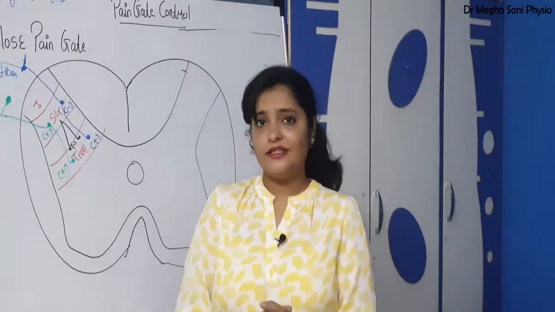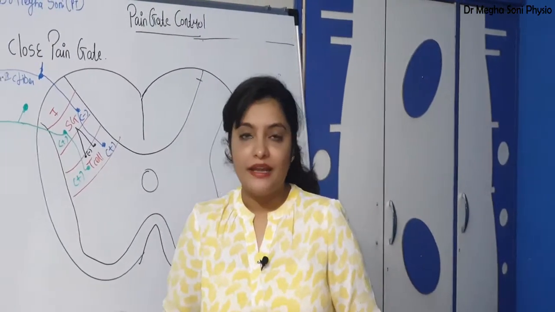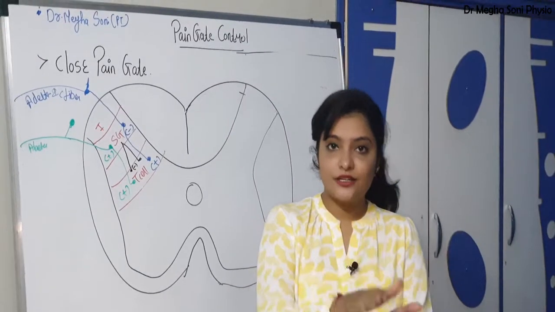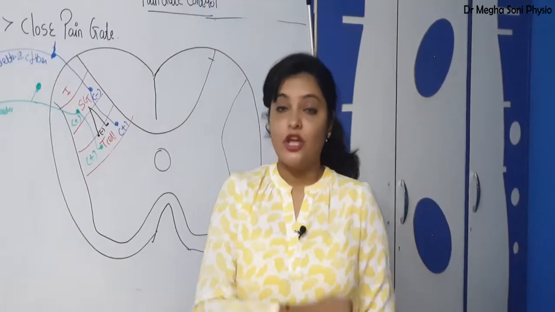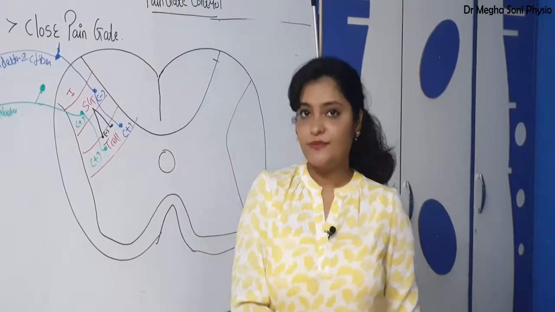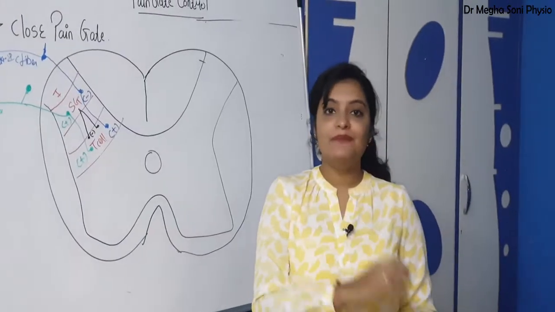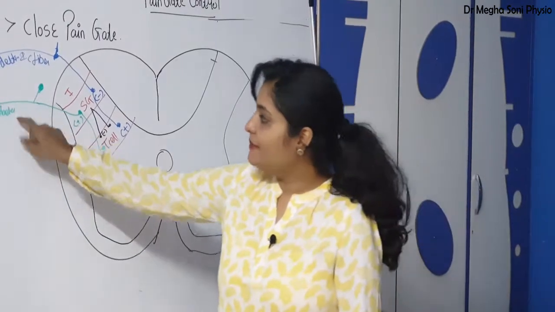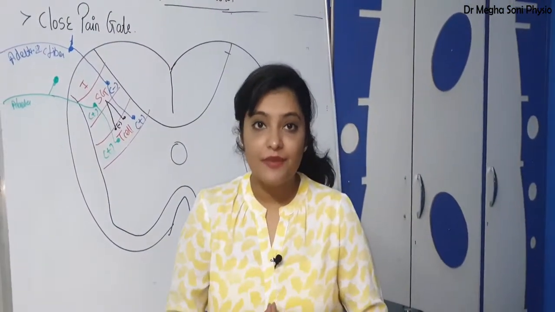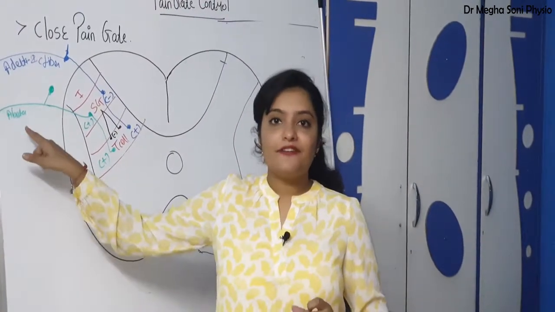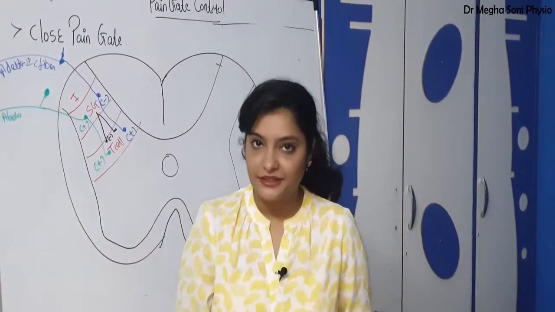Now let's see another situation. Due to pain, we apply some external modalities like a hot pack and an ice pack. So what will the hot pack and ice pack do? This stimulates the A beta fiber. Now who is the A beta fiber? The A beta fiber is a well-wisher of Maheshmati.